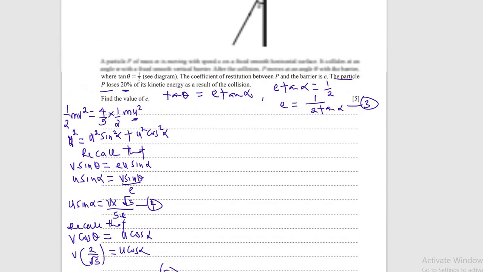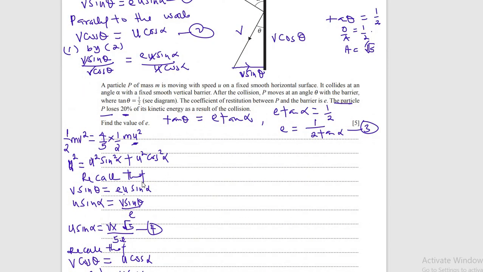Now substitute equations 4 and 5 in the magnitude of the initial velocity before collision. So let's substitute it. So u squared will be, now this is u squared sine squared alpha, and u sine alpha is root 5 v over 5e, all squared, plus u cos alpha is 2 root 5 v over 5, all squared.